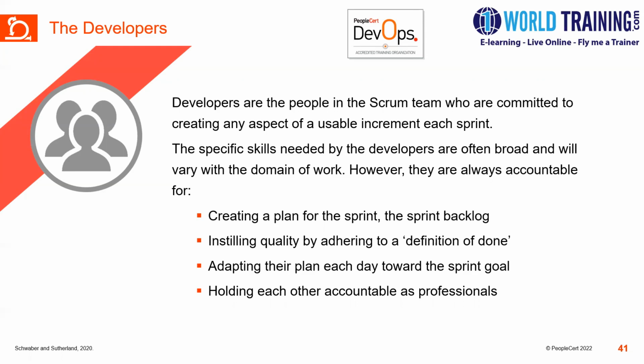They are always accountable for the following items. They are responsible for creating a plan for the sprint, the sprint backlog. They are responsible for instilling quality by adhering to the definition of done, adapting their plan each day towards the sprint goal, and holding each other accountable as professionals. These are the key accountabilities for developers when they work in a Scrum team.